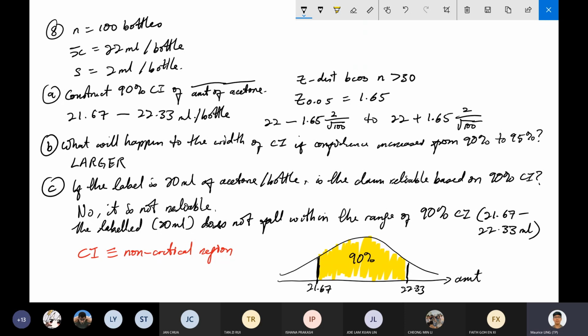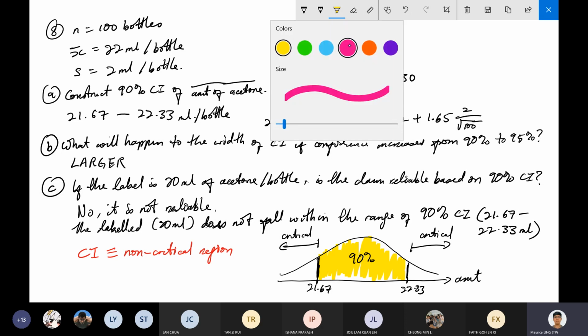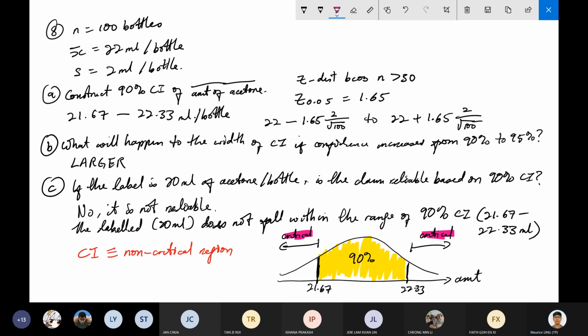The non-reliable is when it's out of the critical region. So remember, this is the critical region. Your confidence interval basically means that it is the non-critical region.